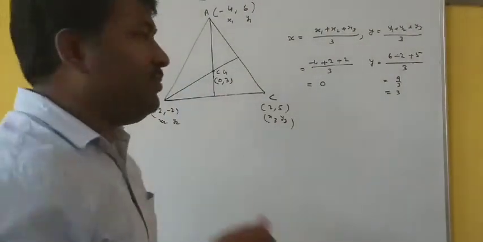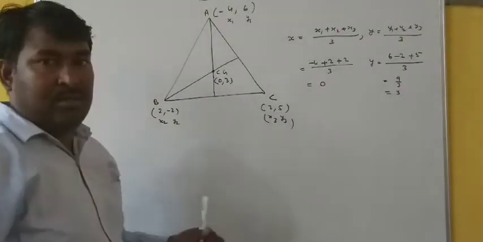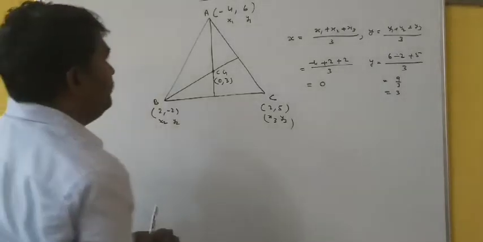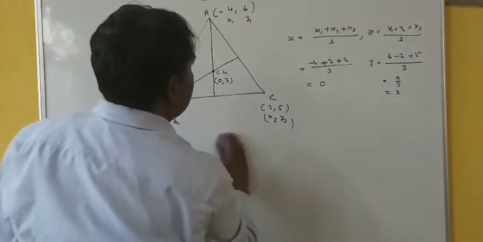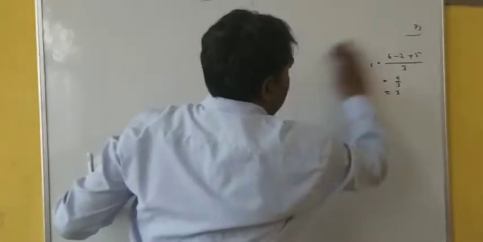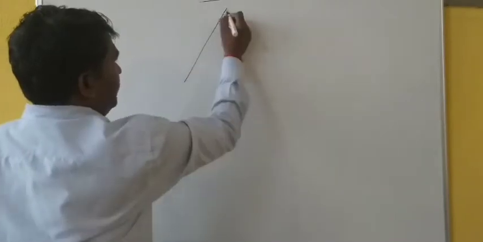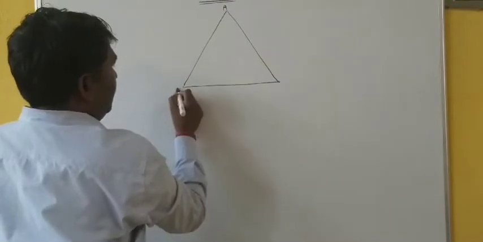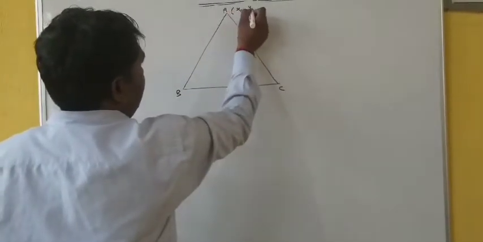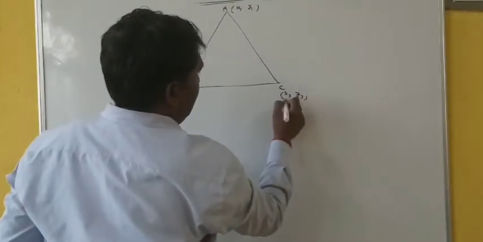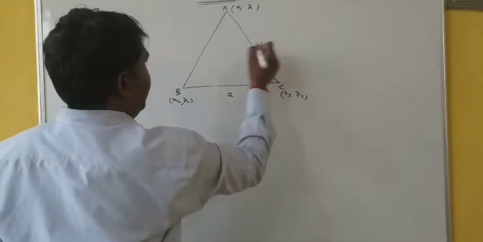Now one question on the incenter of a triangle. For the incenter of a triangle, let there be a triangle ABC having coordinates x1 y1, x2 y2, x3 y3, and sides a, b, c.